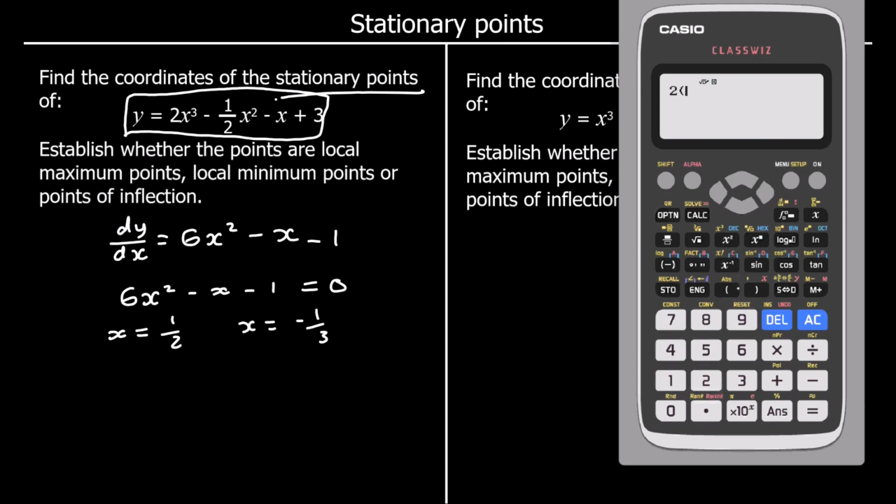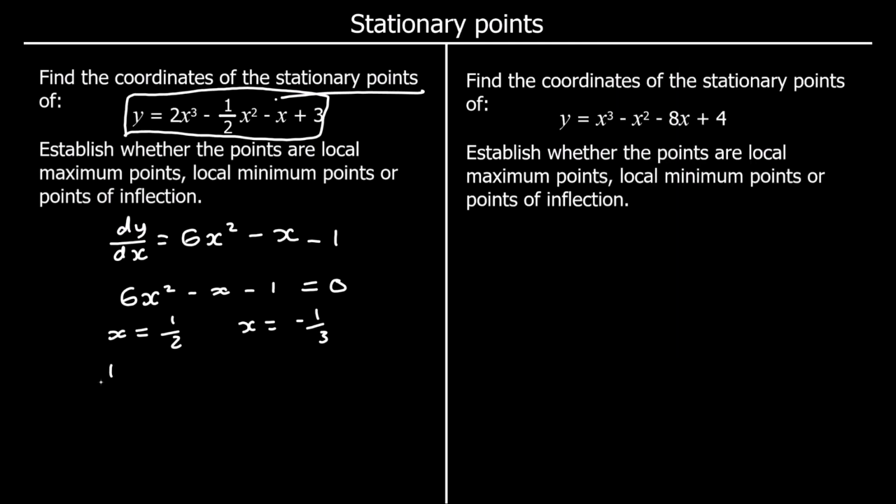So we've got 2 times 1/2 cubed minus 1/2 times a half squared minus a half plus 3. So that's 21 over 8. So we've got 1 half, 21 over 8, and minus a third.